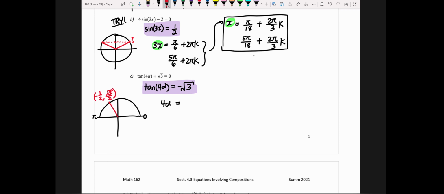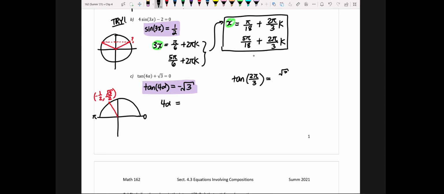And Justin chose quadrant 2 and 4 because tangent is negative in quadrant 2 and 4. But we're just looking at the solution in quadrant 2 really because we're finding between 0 and pi. Okay. And then if we're not sure, we can do some side work, and we see here that tangent of 2 pi over 3, tangent is y over x.